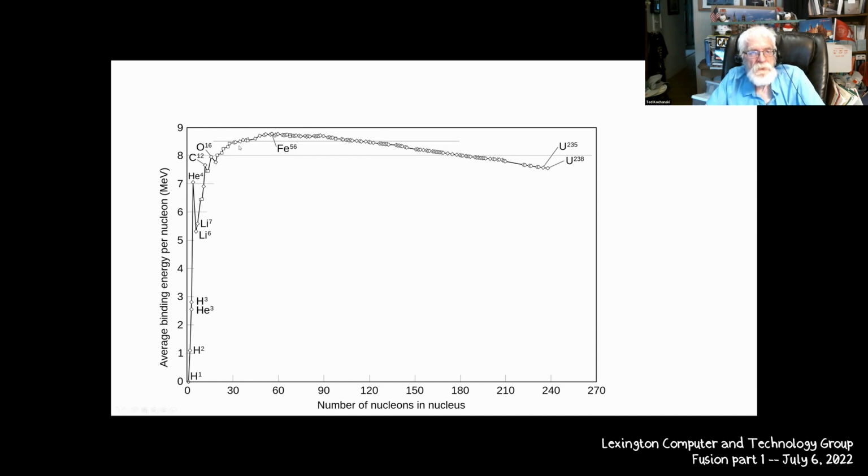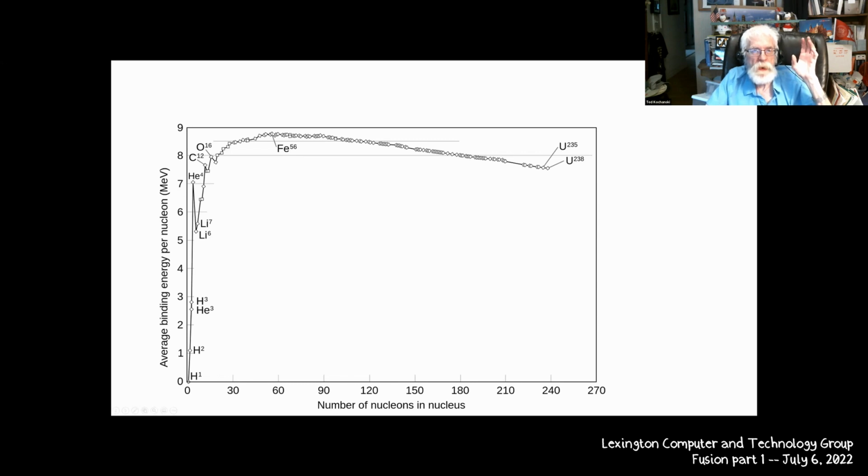Keep on climbing, and eventually you get to this point where there's an absolute peak. This absolute peak occurs at iron, 26 protons, 56 nucleons. So there's 30 neutrons. So you're already starting to see that you're increasing the number of neutrons past the number of protons.